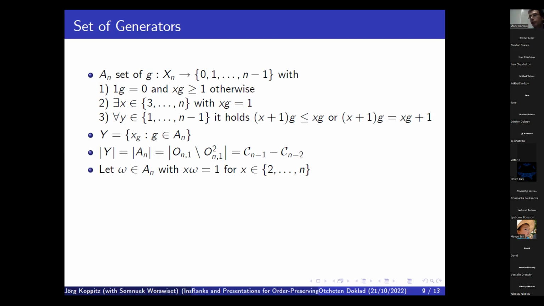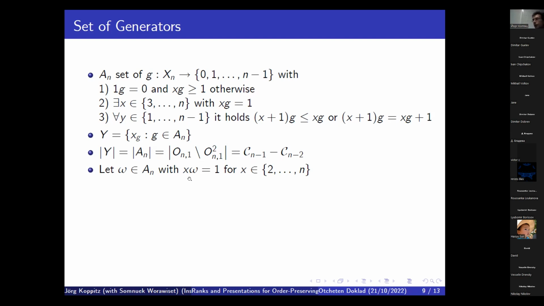At first we point out one particular element in An, namely the constant mapping with the image 1. Not really constant, because we know that the image of 1 is 0.